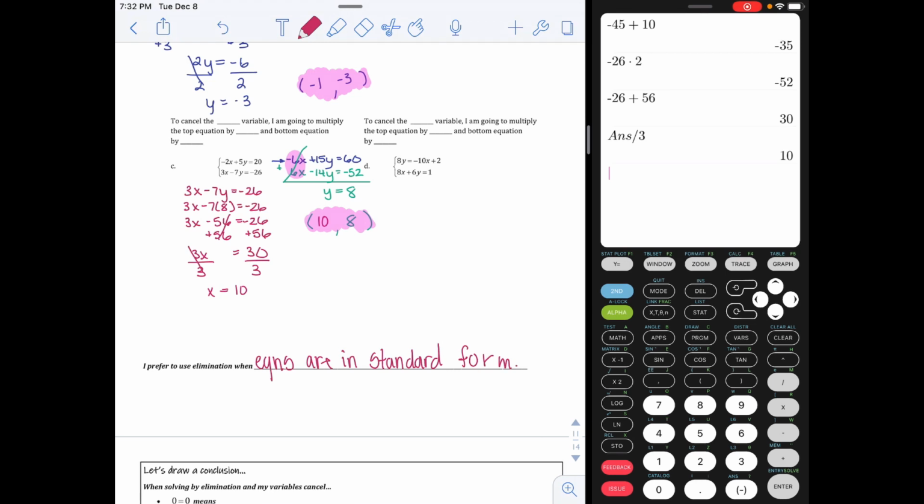That's kind of the nicest way to use this. If you maybe have a slope-intercept one, you have to change some things, move that x over, so you have some additional steps. But as long as it's in standard form, I would say that elimination might be the easiest method to use.